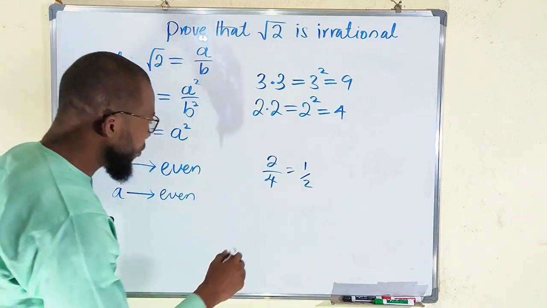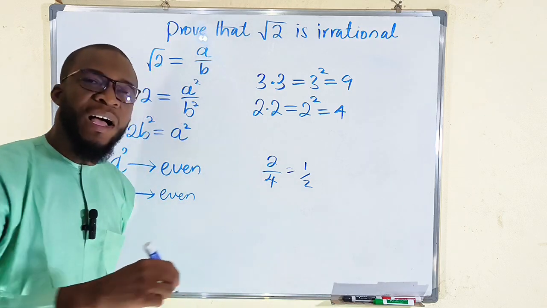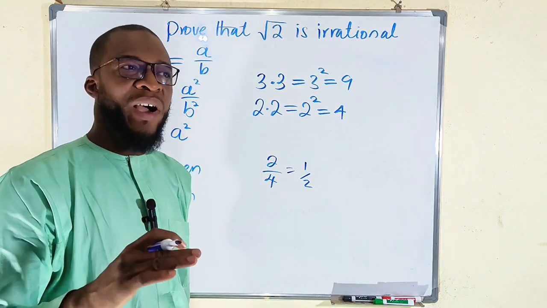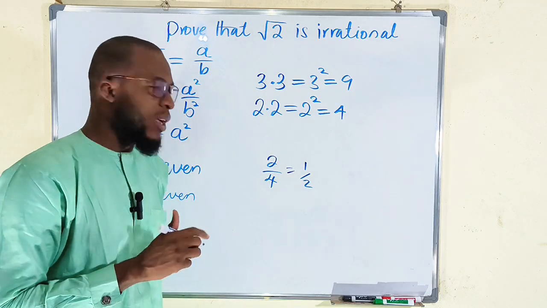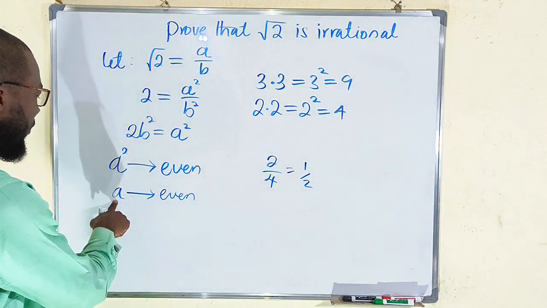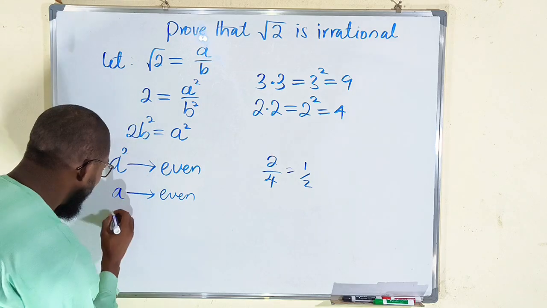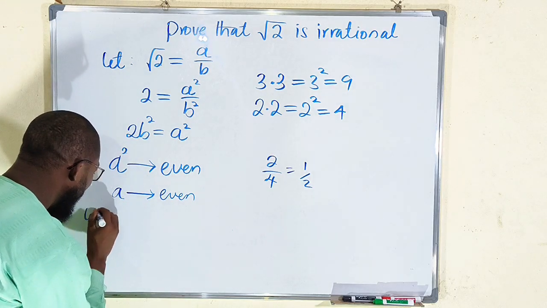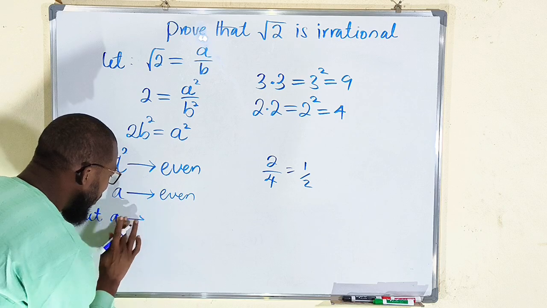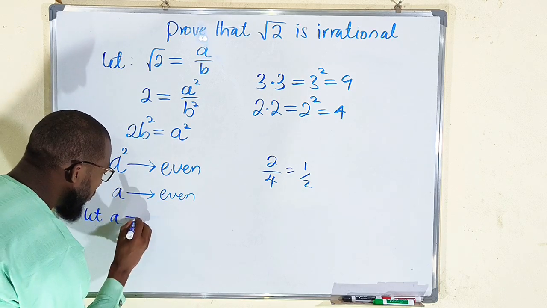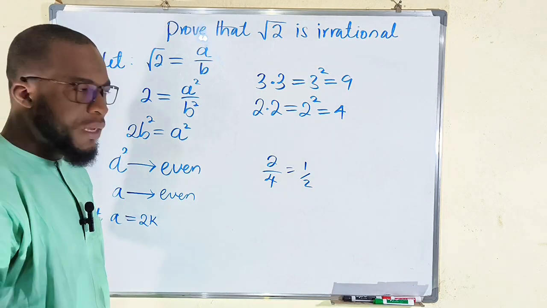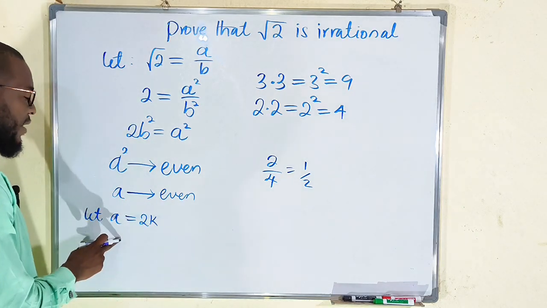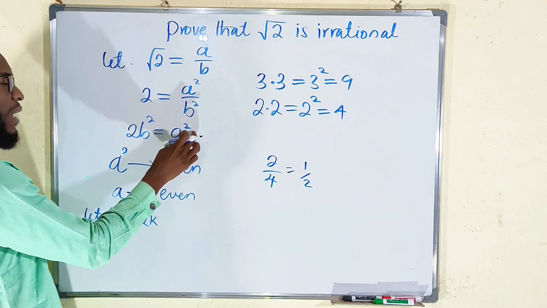So from the definition, an even number can be defined as 2k, for which k is also an integer. So we can replace a with 2k. Let a be equal to 2k, because we have seen that a is an even number. If that is the case, we can plug it back in.